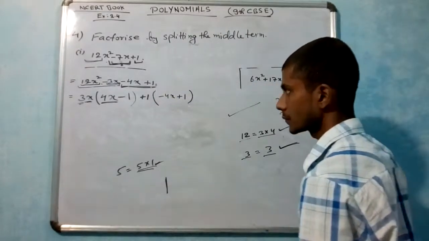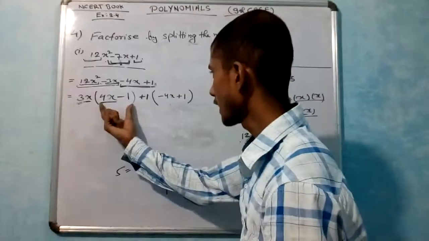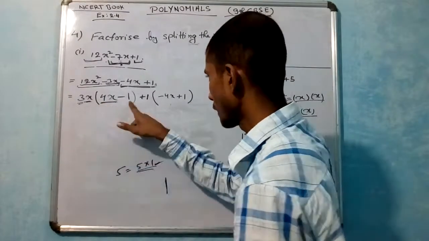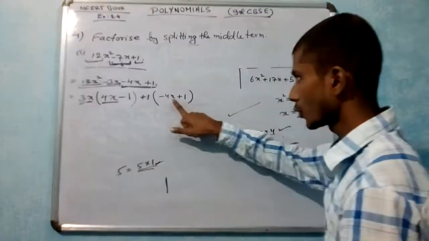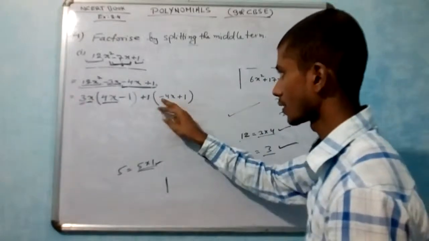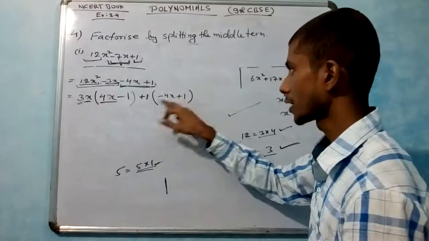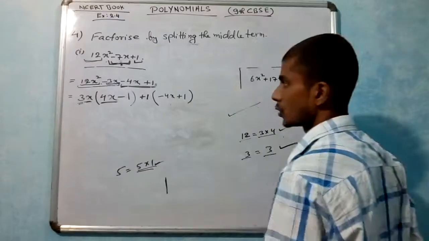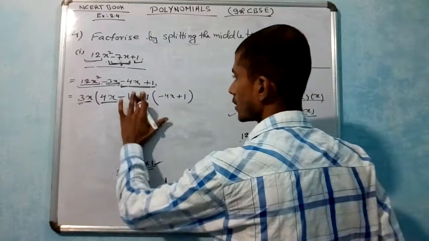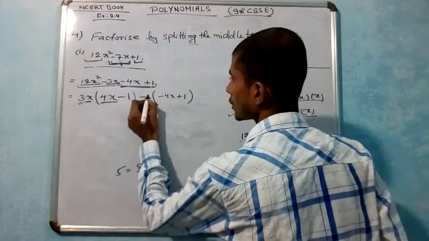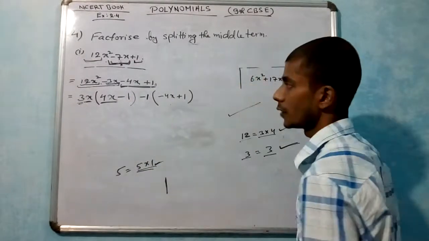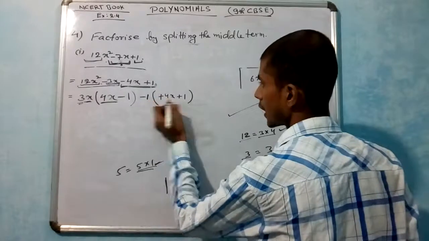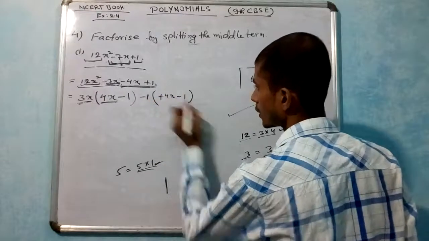But inside this bracket, 4x minus 1 is there, here also 4x and 1 are there, but with the changed sign. Here plus 4x, here minus 4x, here minus 1, here plus 1. So we will take the minus 1 outside. If we take the minus 1 outside, then the sign will change. It will become plus 4x minus 1.